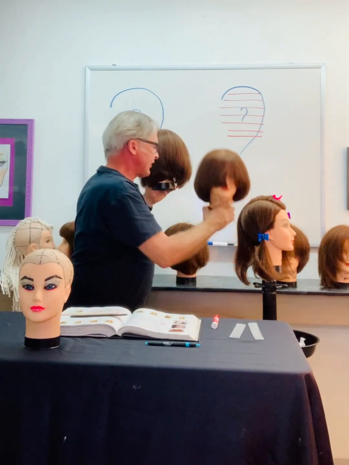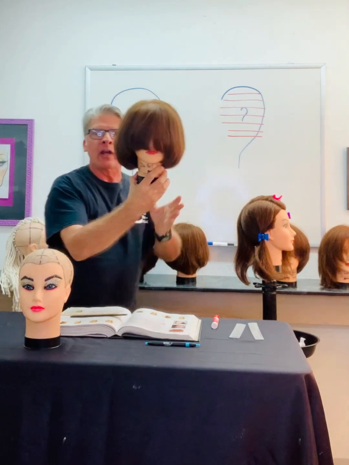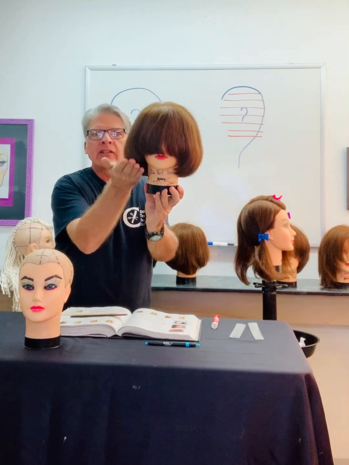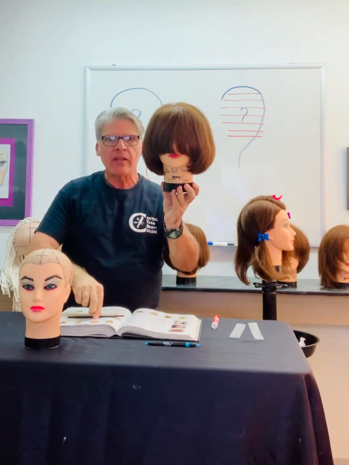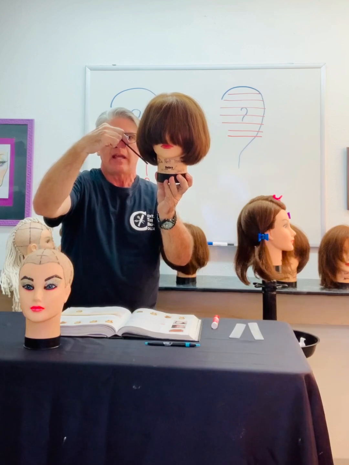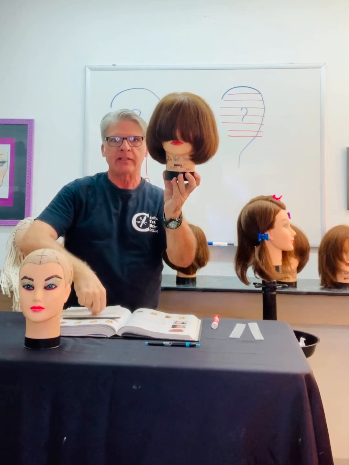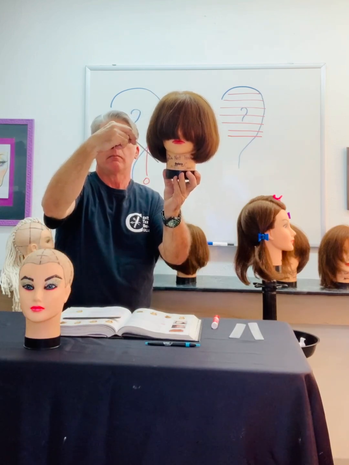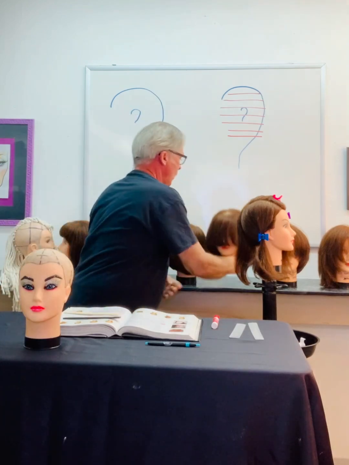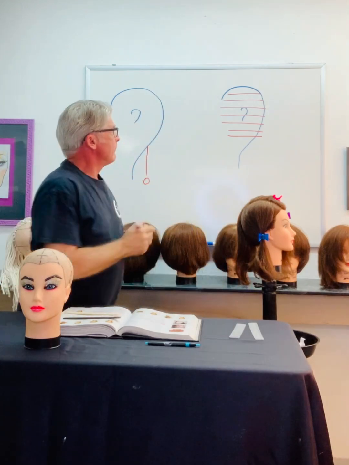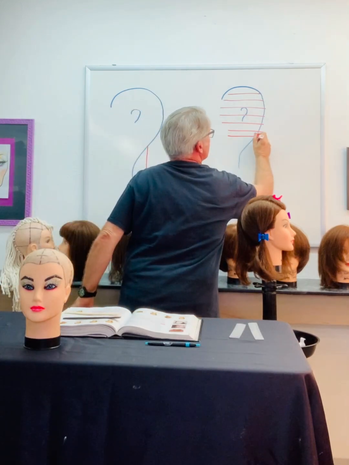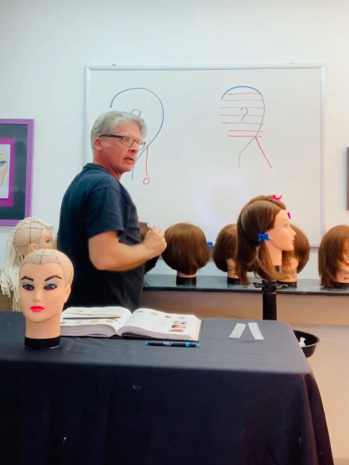Here is also a 45-degree haircut. Look at the weight right here. It's heavier here. The haircut was cut this way. Maybe you can see my comb better. There we go. Okay, so the minute we're below that line, we are building weight.